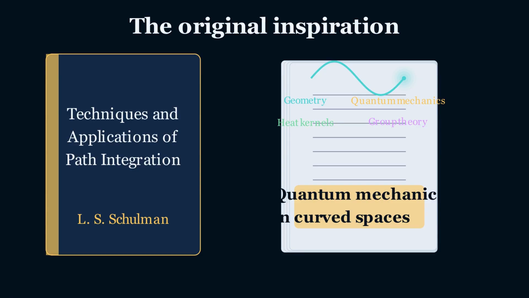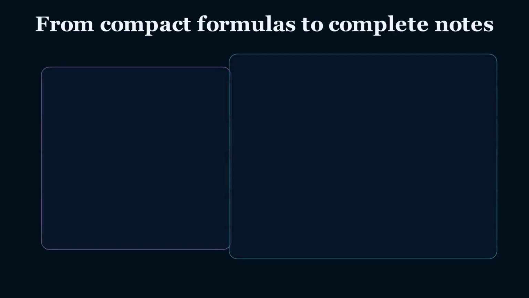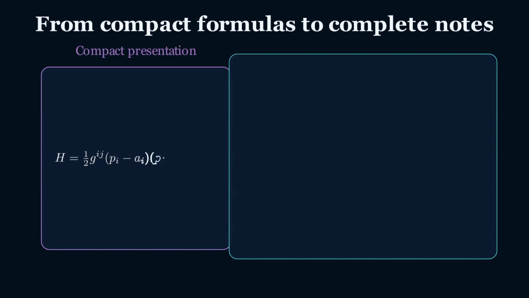While studying the material, the author of this course wanted to see the calculations opened up, not only the final expressions, but also the intermediate algebra, the geometrical meaning of each factor, and the checks that explain why each result has its particular form. To bridge that gap, the author of this course began writing a detailed set of notes.